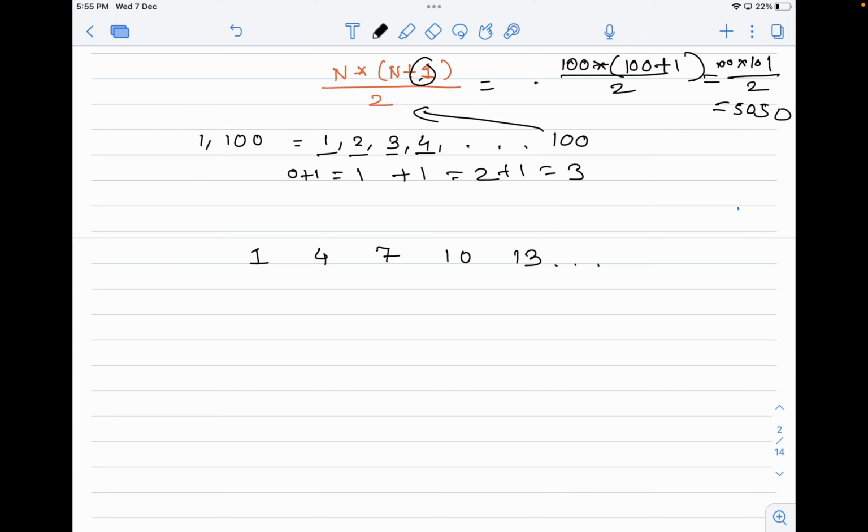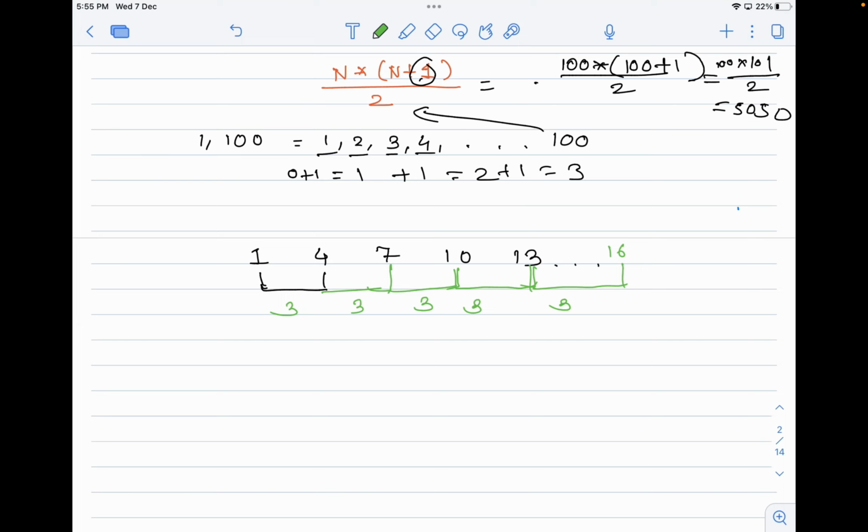The difference. The difference between 1 and 4 is 3, between 4 and 7 is 3, between 7 and 10 is 3, between 10 and 13 is 3. So 13 plus 3 is 16. The next number is 16.